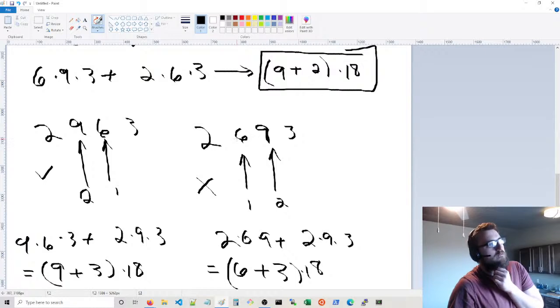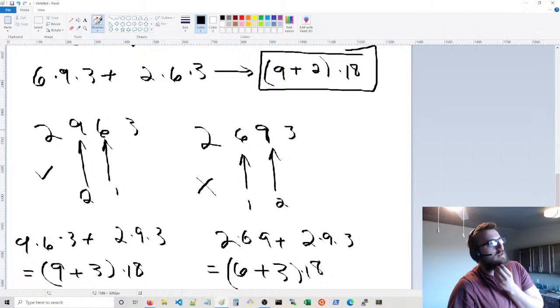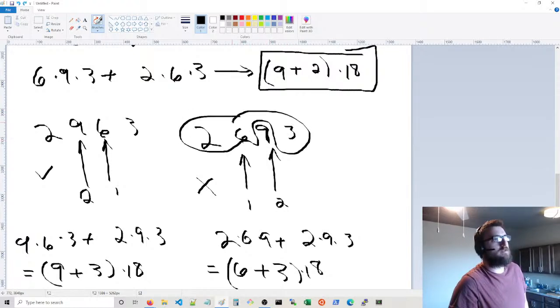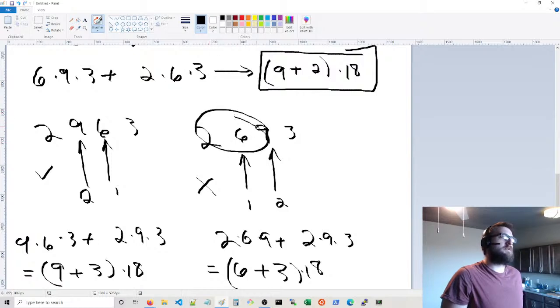I don't actually know how you would express that. I guess it's better to multiply by these three first, and then multiply by these ones, as opposed to multiplying by these three first, and then multiplying by these ones.